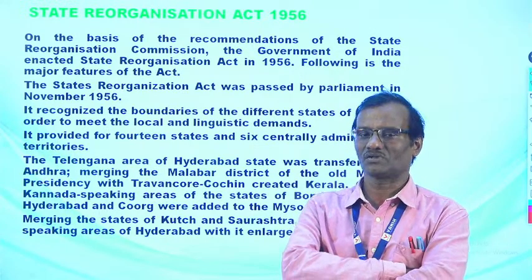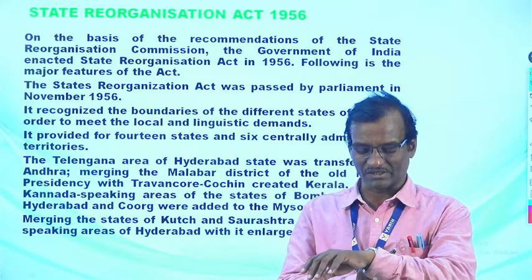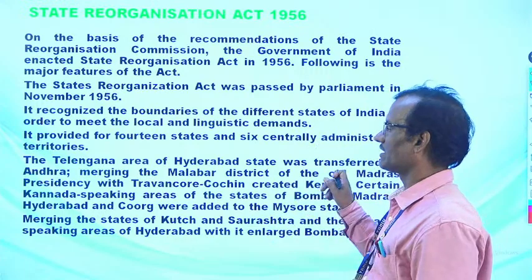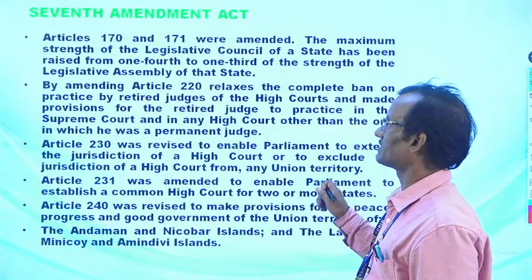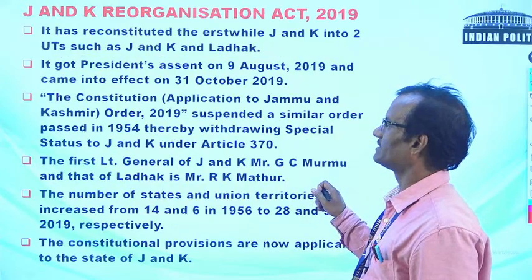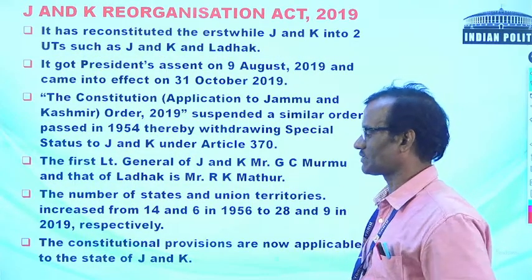Okay, so in this part we shall discuss. Now the remaining part will take some time. We shall take the State Reorganization Act, then the 7th Constitutional Amendment Act, then you have the Jammu and Kashmir Reorganization Act also.